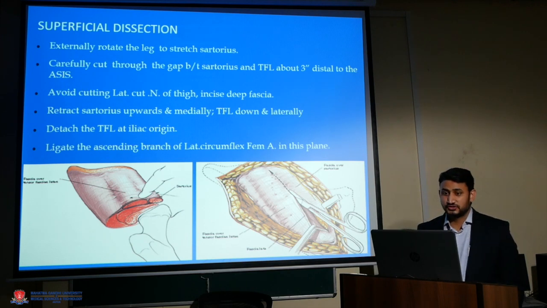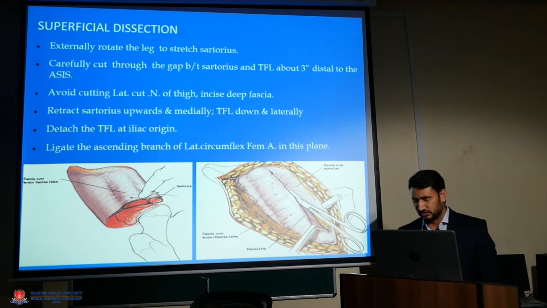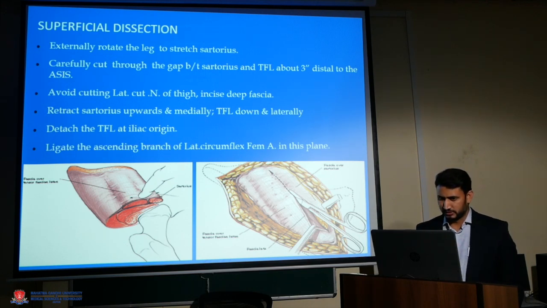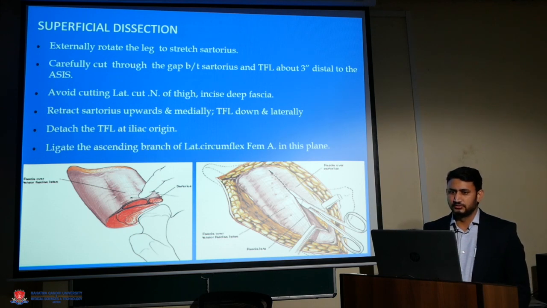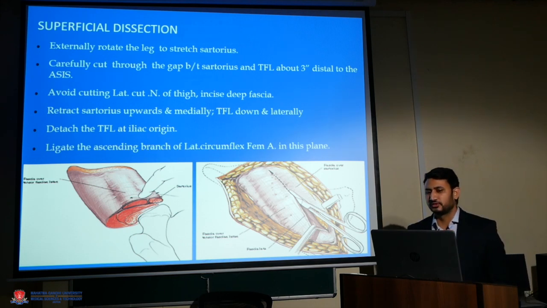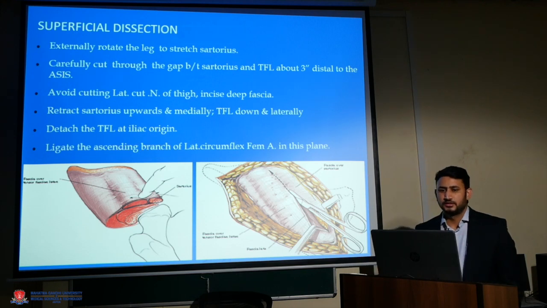The structure here which is very important is lateral cutaneous nerve of thigh. We have to be very careful about it, because lateral cutaneous nerve of thigh lies just beneath the deep fascia. Sartorius should be retracted medially and tensor fasciae latae down and laterally.